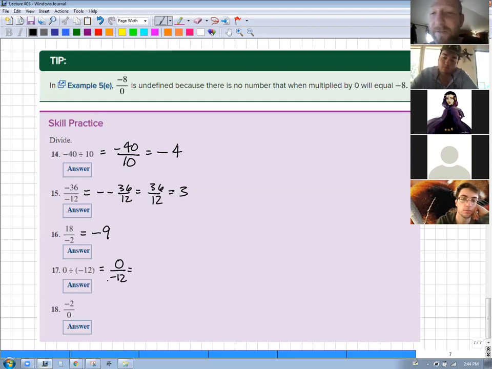You can pack -12 into 0 times, right? 0 divided by anything other than 0 gives you 0, all right? And 18, undefined. You cannot divide by 0. All right, so 0 over 3, again, is 0. 3 over 0, undefined.